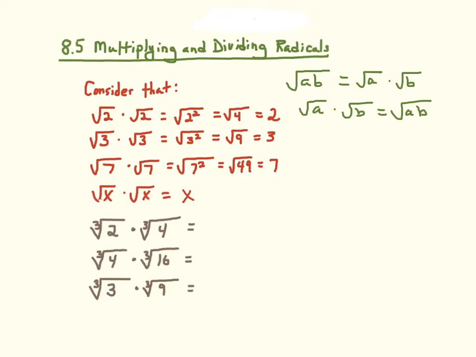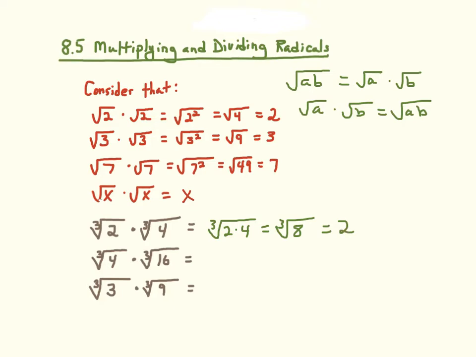And so now let's think about what would happen if I multiply cube roots together. So the cube root of 2 times the cube root of 4 would make the cube root of 2 times 4, which would equal the cube root of 8, and that's a perfect cube, so that equals 2.